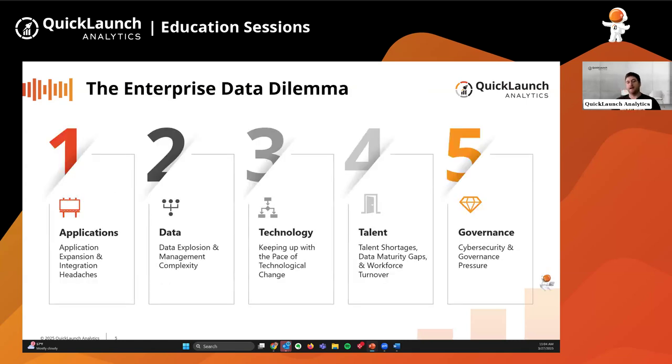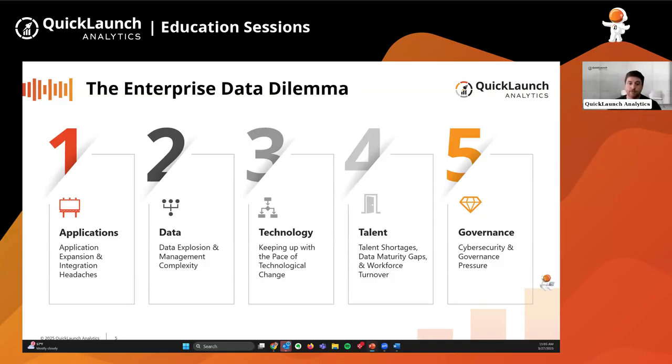I just wanted to start by acknowledging the reality that most enterprises face today. Data is everywhere, seemingly, but insights are scarce, right? Most organizations that we work with struggle with five key challenges. The first: applications are multiplying almost every day, creating new information silos that prevent a unified view of business performance.